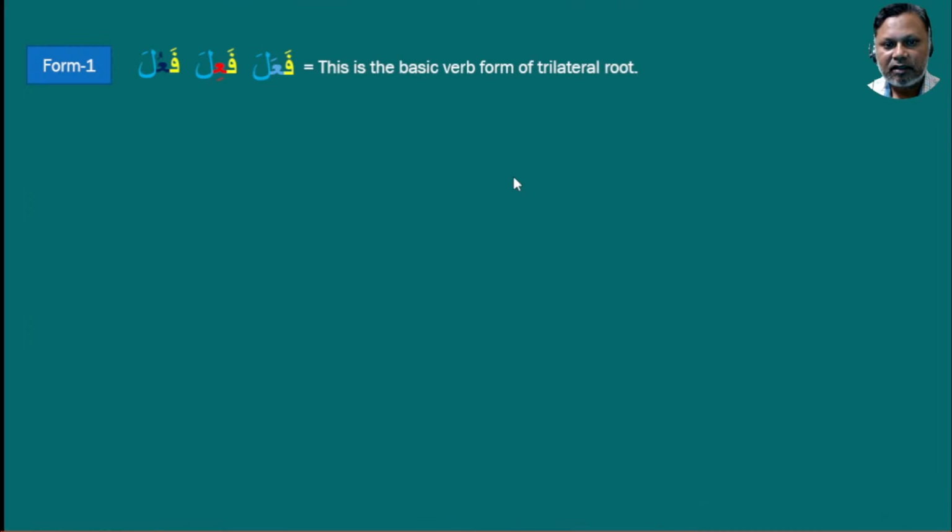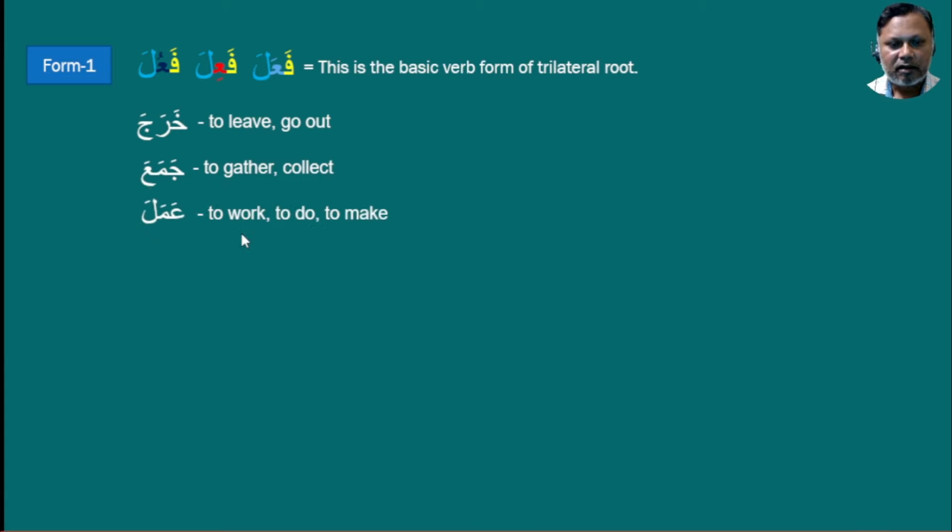Let's start with the form 1 verb. Form 1 is the basic verb form of the trilateral root letters, like fa'ala, fa'ila, fa'ula, these are the three patterns for basic verbs. All basic verbs will fall under one of these three patterns, that we have already discussed. Like kharaja means to leave, jama'a means to gather or to collect, amila means to work, to do or to make.